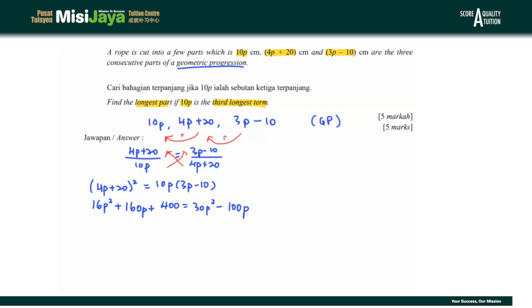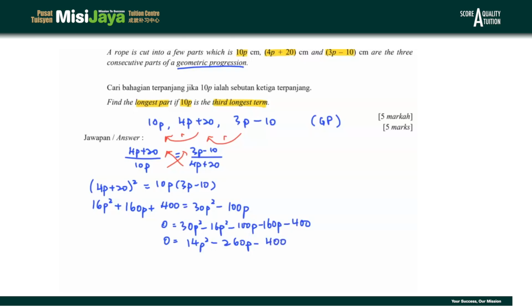Now we're going to move everything to one side and get the three terms. So 0 equals 30p squared minus 16p squared minus 100p minus 160p, then minus 400. So we get 14p squared minus 260p minus 400.